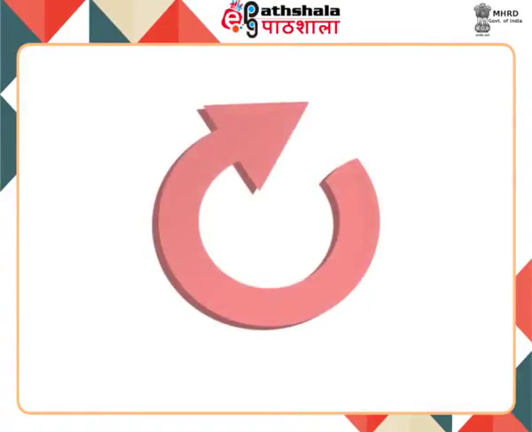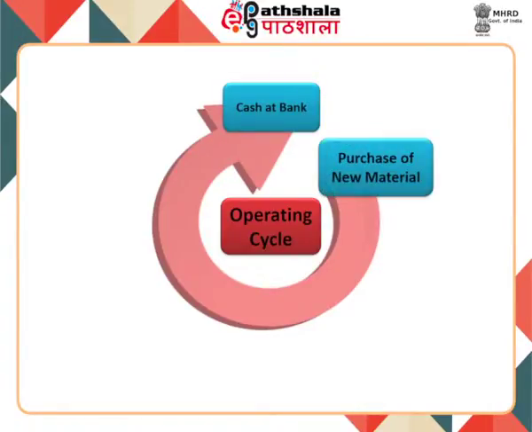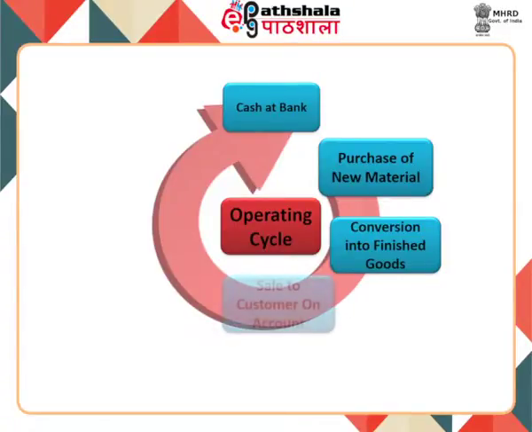We finally come to the concept of operating cycle. It refers to the time period in which a firm gets back the cash once it puts it into the purchase of raw materials. Once the raw materials are purchased, they are converted into WIP and then finished goods are sold to customers either on cash or credit.